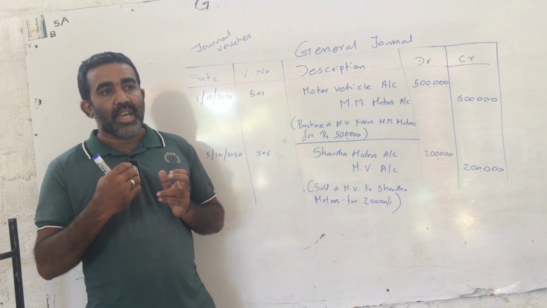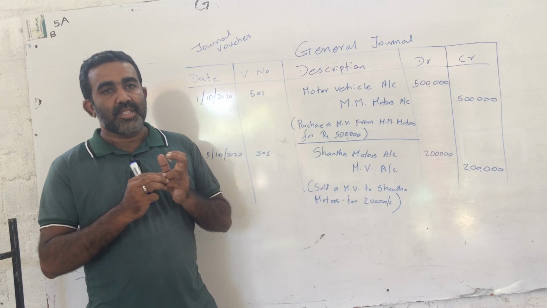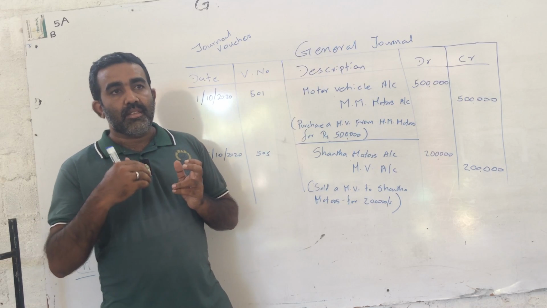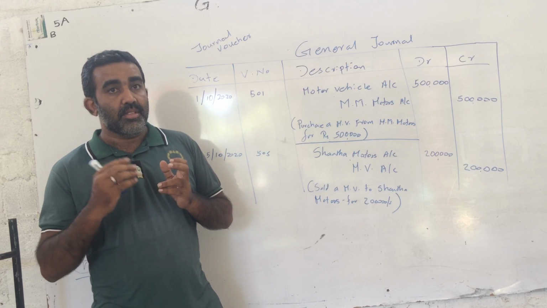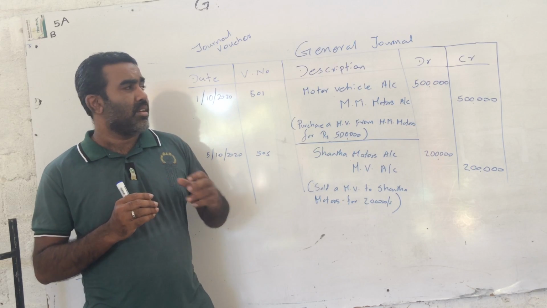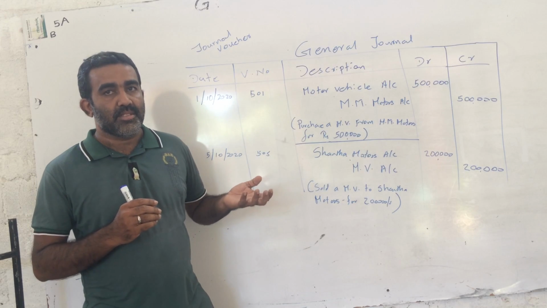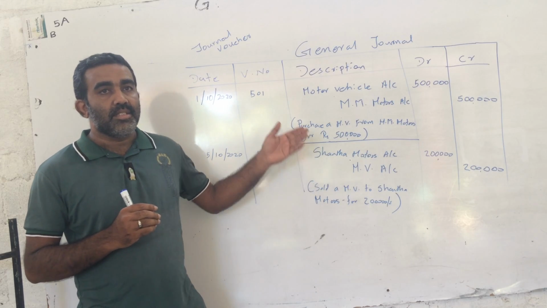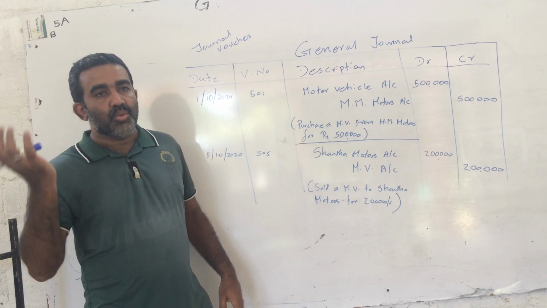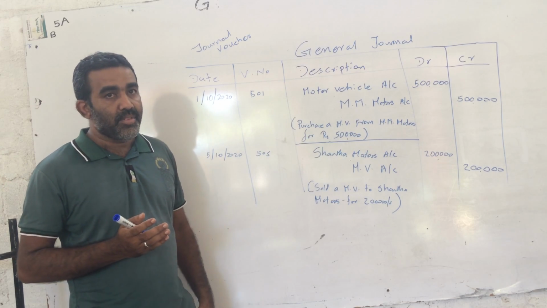Cash and credit purchases we include in the purchase journal. Credit sales we include in the sales journal. In addition to that, there will be some more transactions in the business. Those we have to include in the general journal, whatever is not included in the previous 4 books.